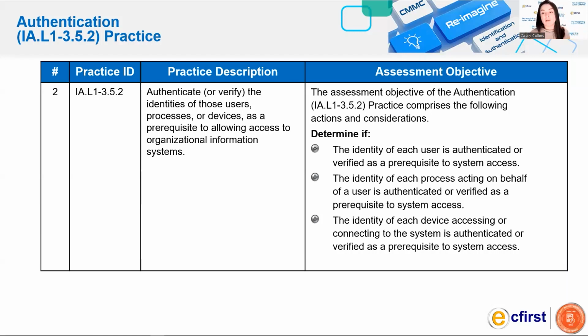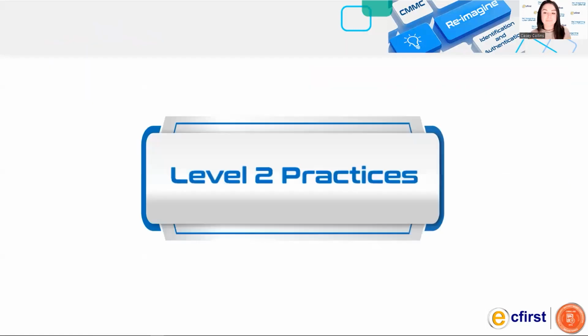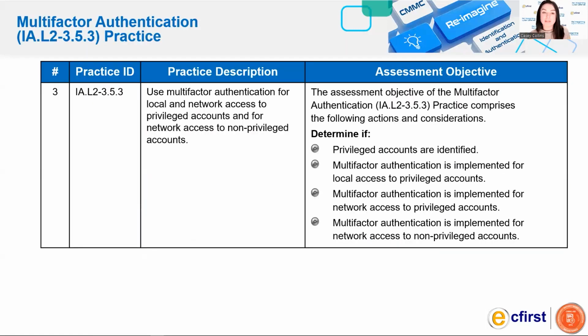So before being allowed access to any of the system information, the identity of each process acting on behalf of a user is authenticated or verified as a prerequisite. And the identity of each device accessing or connecting to the system is also authenticated or verified, again, as a prerequisite to system access. So those are our level 1 practices.